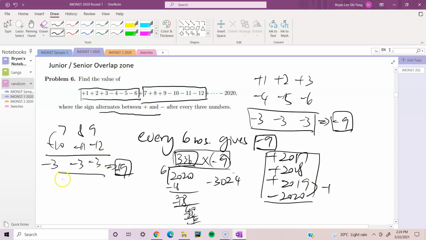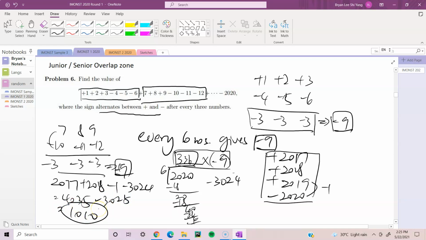So now what we have left is just 2017 plus 2018 minus 1, and then minus our 3024 in front, right? So we have 4035 minus 3025, which will give us 1010. This is the answer to problem 6.